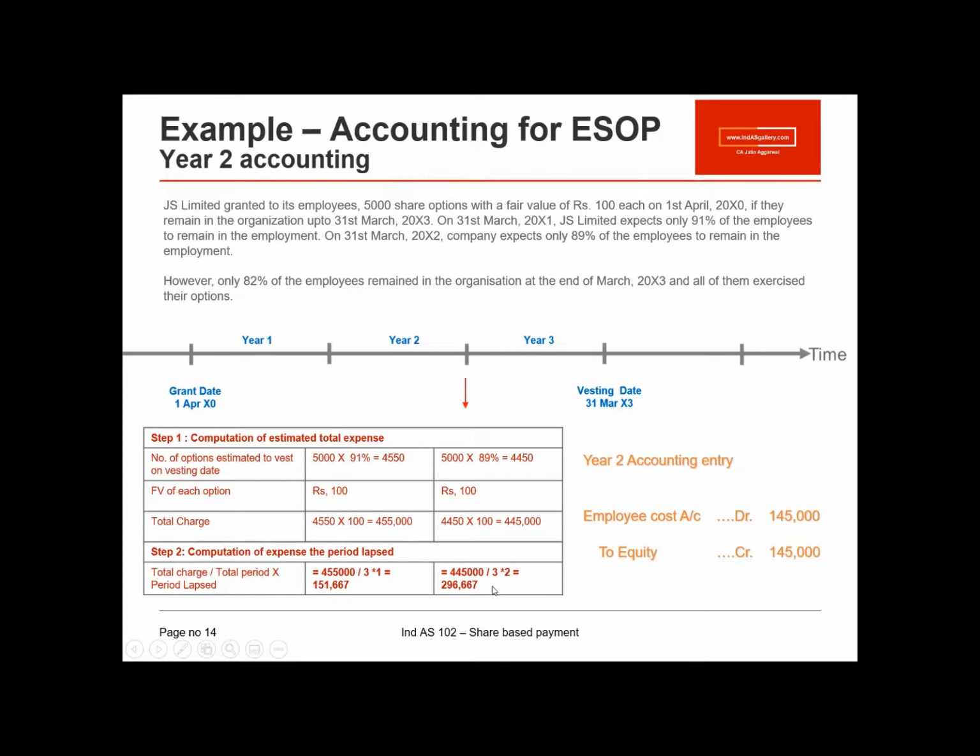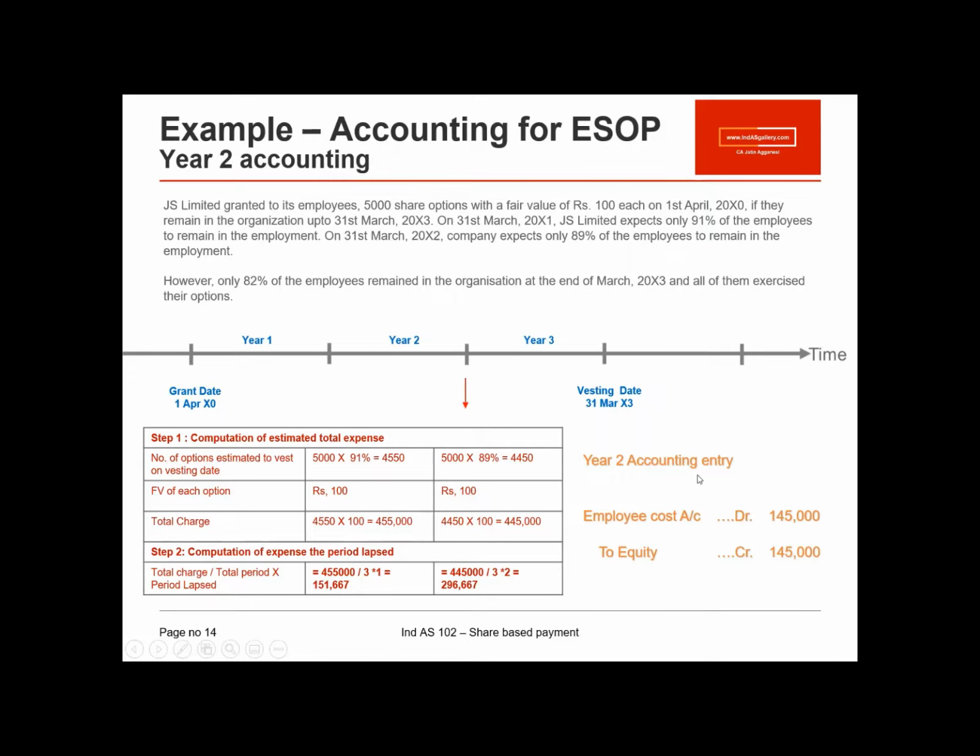So my cumulative charge at the end of year 2 is 445,000 divided by 3 into 2. This gives me a figure of 296,667. Right? So whatever is the differential between 296,667, which is the cumulative charge as at end of year 2, and whatever I have already recorded, that is the cumulative charge as at end of year 1, which was 151,667, whatever is the differential between the two is going to be my charge for year 2.